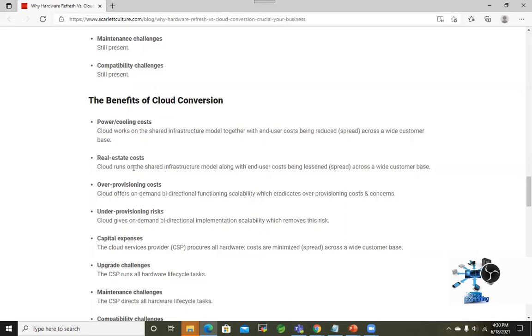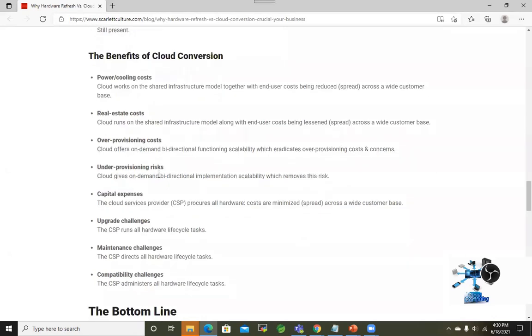Cloud runs on shared infrastructure. The pay-as-you-go model is also there. Over provisioning costs, under provisioning risk. Cloud gives on-demand scalability, and handles capital expenses.